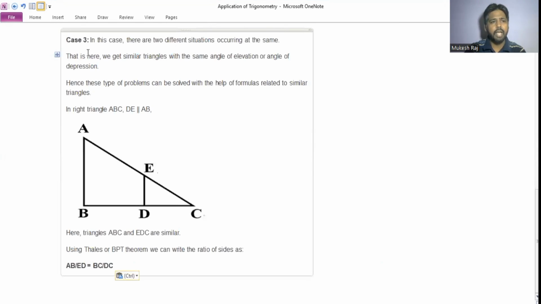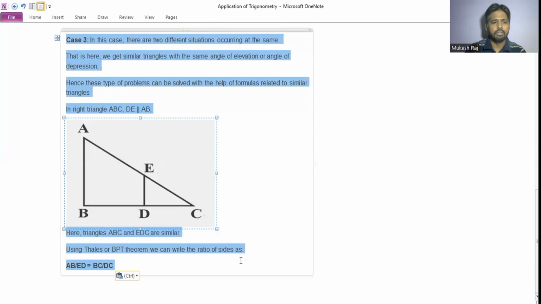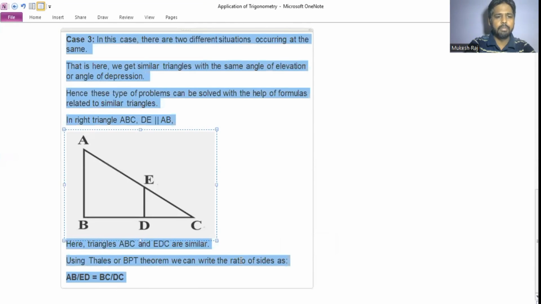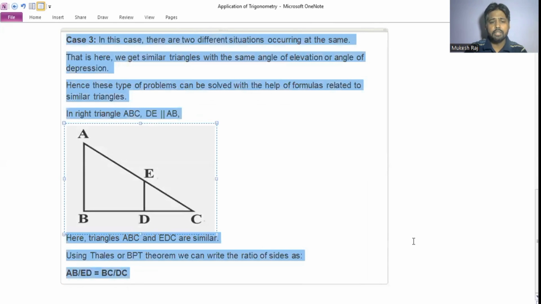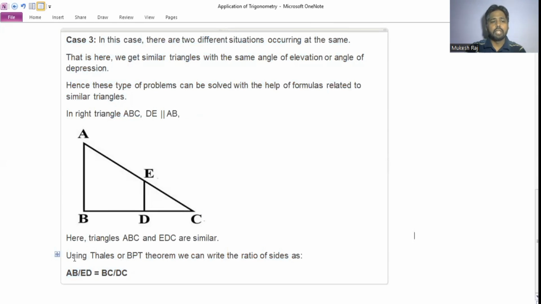That is the similarity property of the triangle, or it is also known as the BPT, or it is also called a synonym of the Thales theorem. Friends, case 3 says that suppose there is a situation of a similar kind which is represented here in the form of A, B, C, and then we are having D, E, and C.